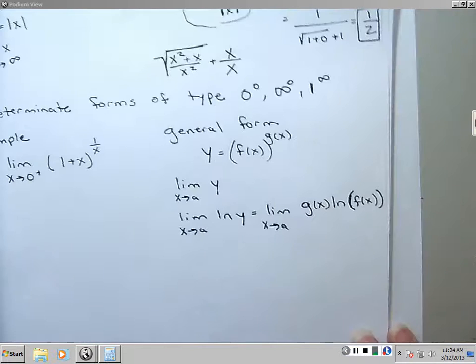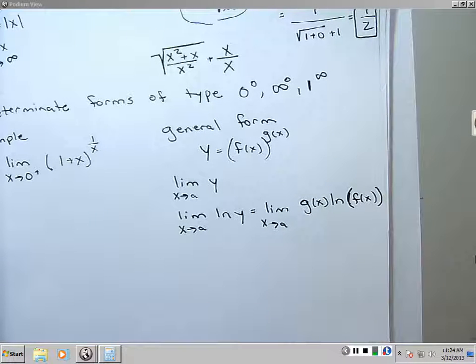Does everyone see where I got that? If I take ln of both sides, I can bring the g of x down and have g of x times ln of f of x. So if I can find the limit of ln of y, then the limit of y is going to be e to that number.